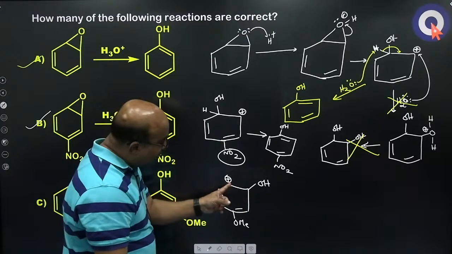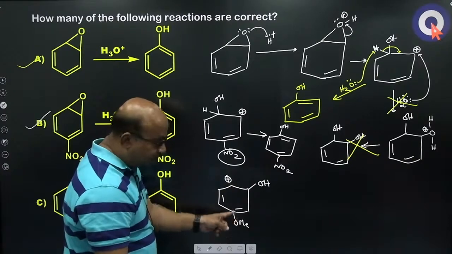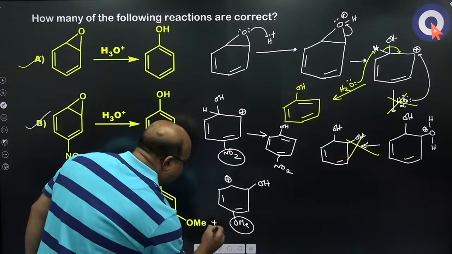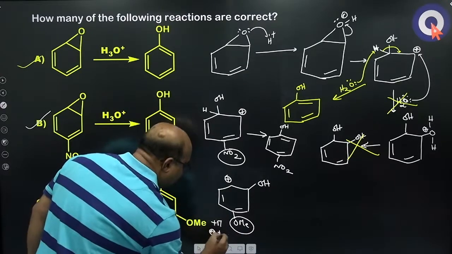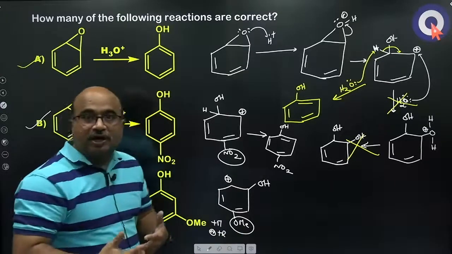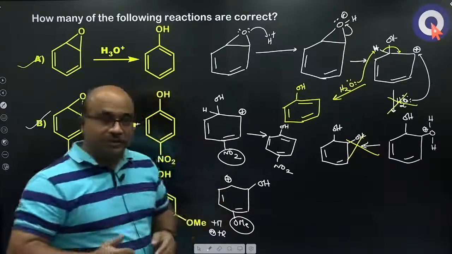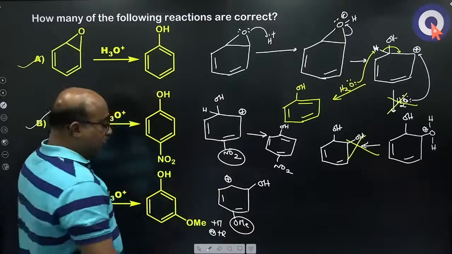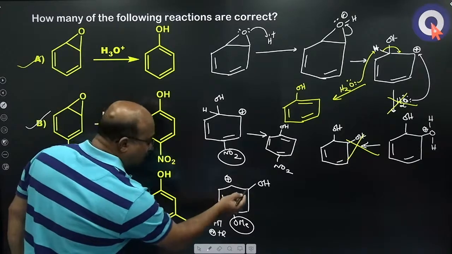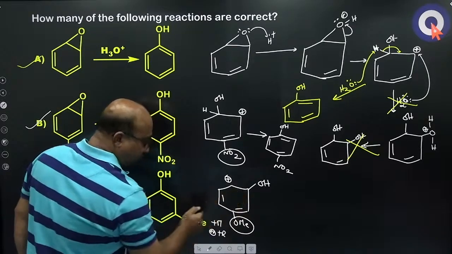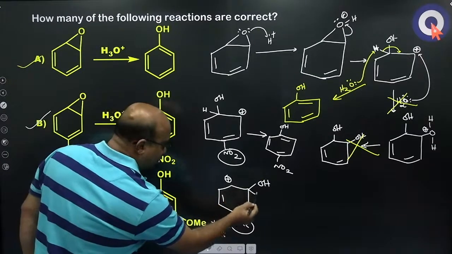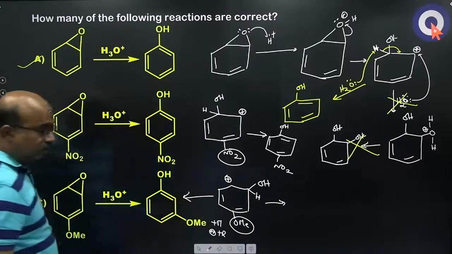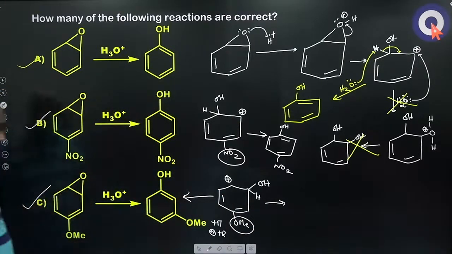But this carbon positive charge is stabilized by the plus M effect of this, because OMe acts as a plus R effect, positive resonance or electron donating group. So this is stabilized. Now this hydrogen can be lost. So this hydrogen is lost, then you will get a double bond at this. Means directly you will get this. So this is also correct.